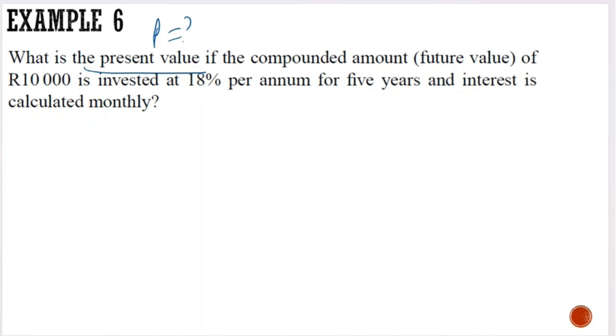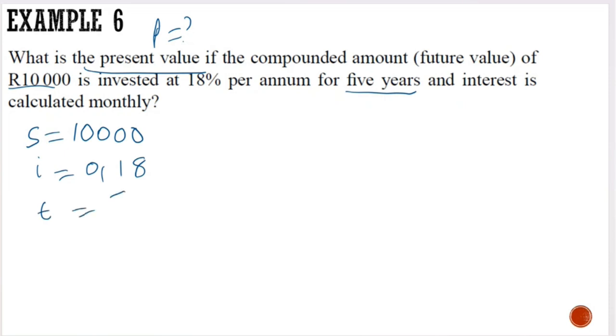If the compounded amount, that is the future value, is given, it is clear that your S is equal to 10,000, invested at 18%, so your i is equal to 0,18 per annum for 5 years, so your t is equal to 5, and the interest is calculated monthly.